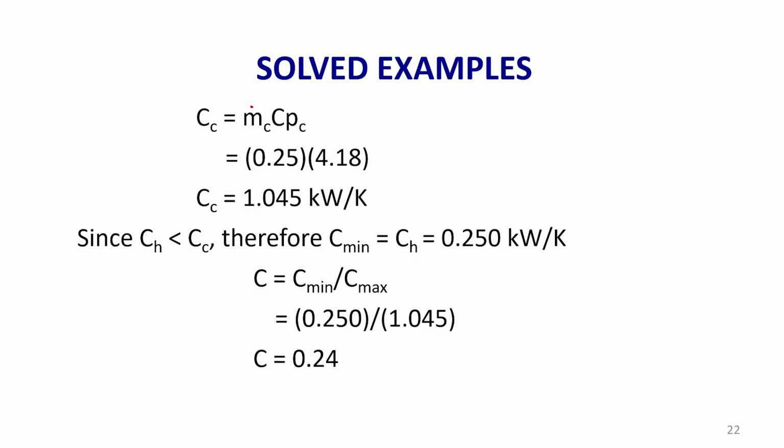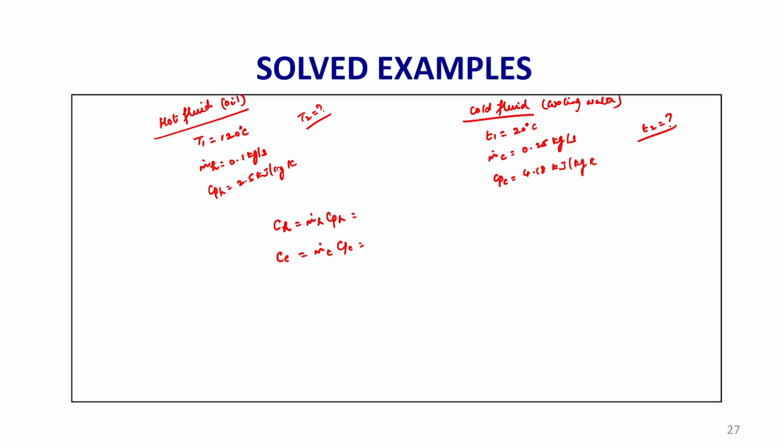Let me calculate: 0.25 kilowatt per Kelvin and 1.045 kilowatt per Kelvin. If you compare CH and CC, CH is less than CC, therefore C minimum is equal to CH. If C minimum is CH, C maximum will be equal to CC.